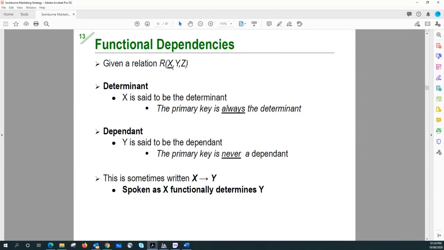So in this case, X is the determinant. Why is it a determinant? Because it determines the values of the other columns for one particular instance. And then Y and Z are called the dependents. Why are they dependent? Because the values of these columns depend on the values of X, right? So we can write it like this: X arrow pointing towards Y. That means X functionally determines the value of Y.